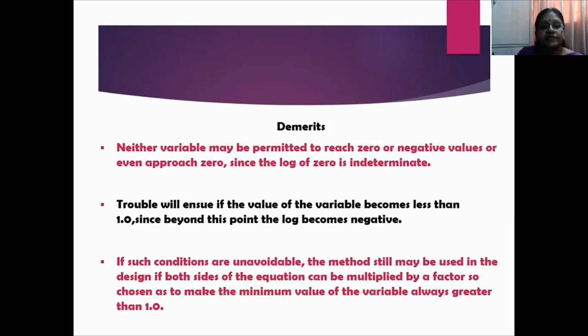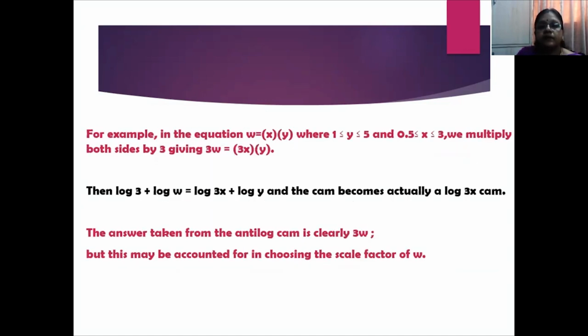If such conditions are unavoidable, the method still may be used in the design if both sides of the equation can be multiplied by a factor so chosen as to make the minimum value of the variable always greater than 1. For example, if I want W equal to X into Y, where Y is between 1 and 5 and X is between 0.5 and 3, then we multiply both sides of the equation by 3.